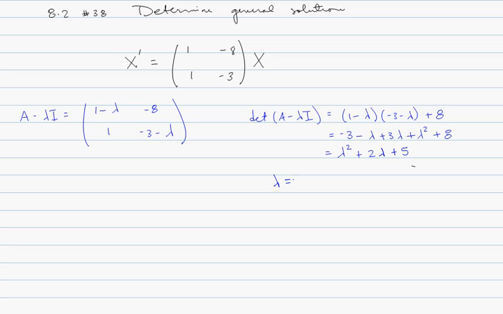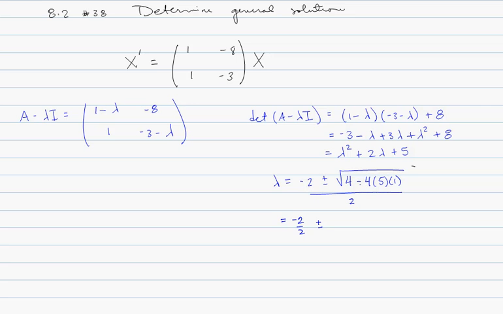And I'll use the quadratic formula here, and I have lambda is equal to minus 2 plus or minus the square root of 2 squared, which is 4, minus 4 times a times c, over 2 times a. A is 1.